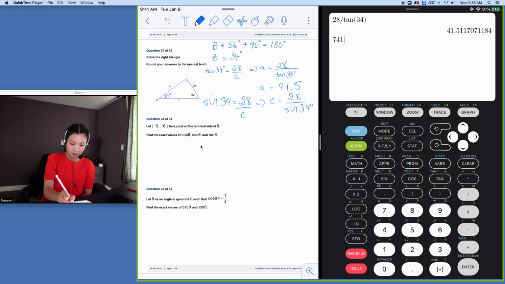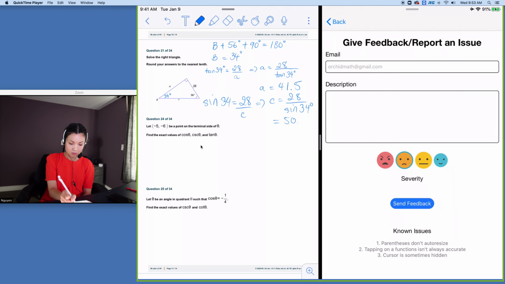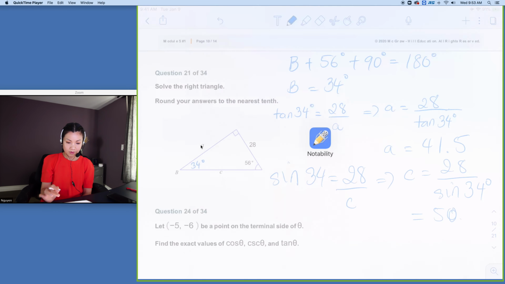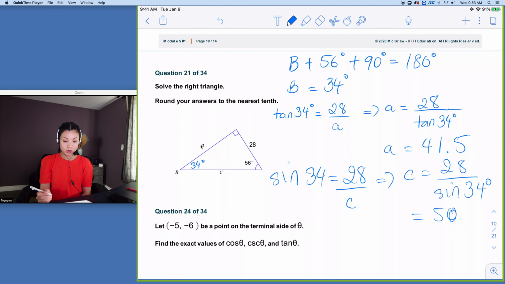All right, once again, I'm going to use a calculator for it. So C is 50. Okay, so we have completed the triangle. We have all the sides, all the angles.